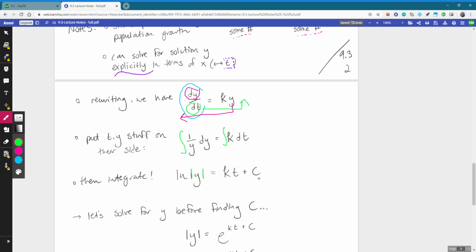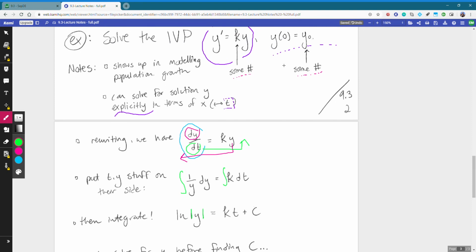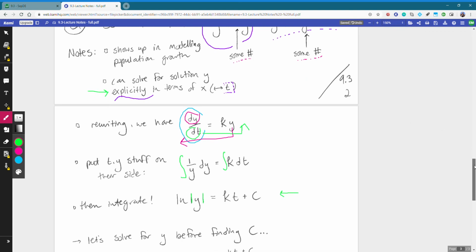If we really wanted to, we could use our initial condition, y of 0 equals y naught, at this point to figure out what our c needs to be. But let's not do that yet. Let's actually try and find our solution function explicitly first. Turns out it's a little bit of a cleaner way to do this one.